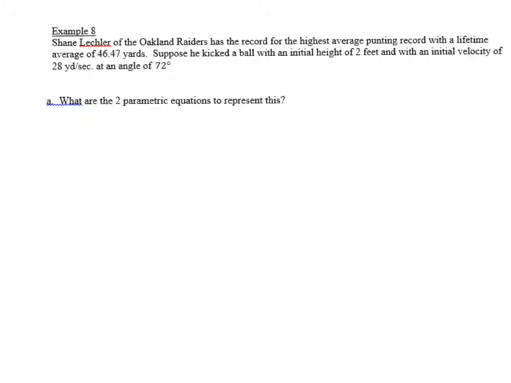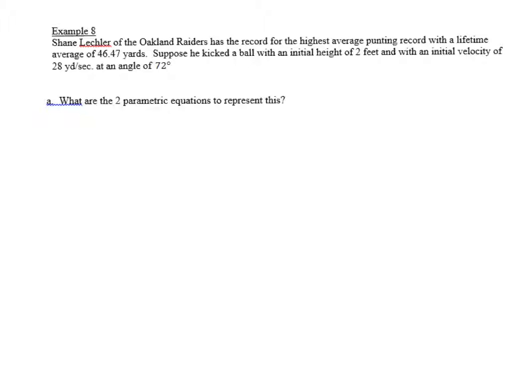Example 8. Shane Lechler of the Oakland Raiders has a record for the highest average punting record with a lifetime average of 46.47 yards. Suppose he kicks the ball from a height of 3 feet with an initial velocity of 28 yards per second at an angle of 72 degrees. So I want to write the two parametric equations.